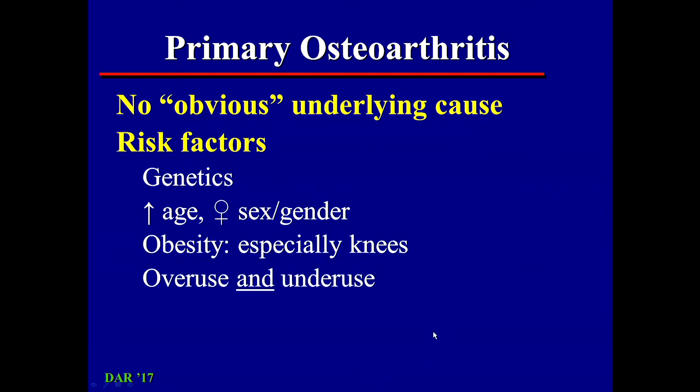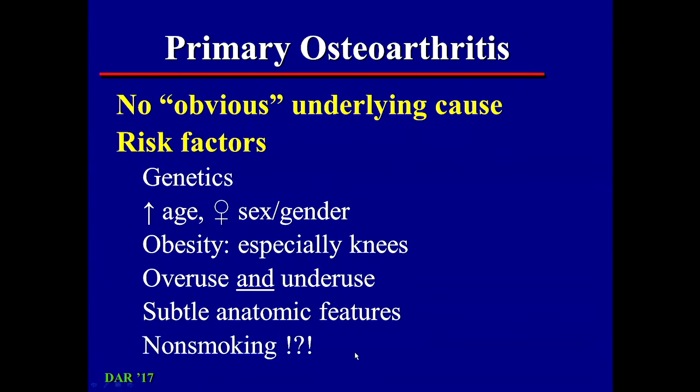Patients who use their joints a lot can get osteoarthritis, but also underuse of the joints can result in osteoarthritis. So sedentary patients can also develop it. There are some subtle anatomic features where your bones are just a little bit misshapen that may predispose you to osteoarthritis. That's one of the arguments made for a condition called femoroacetabular impingement in the hip.